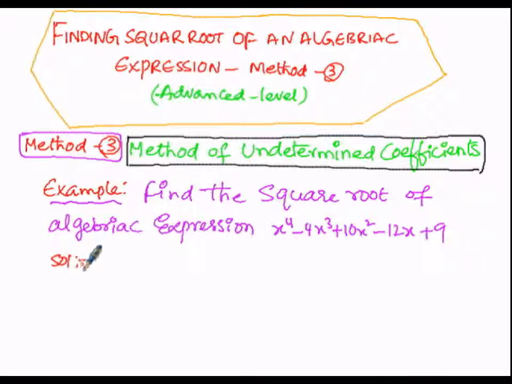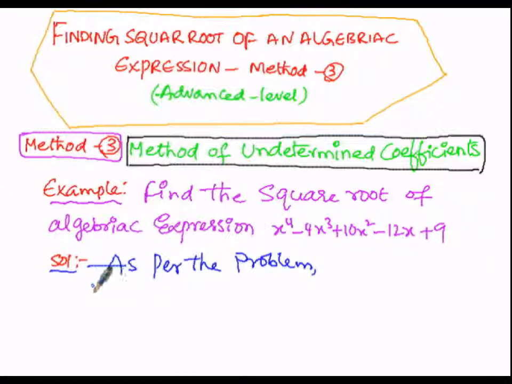In our solution, as per the problem, the given algebraic expression is of 4th degree. The variable in this particular expression is x, and the highest degree is 4, so it is a 4th degree expression.